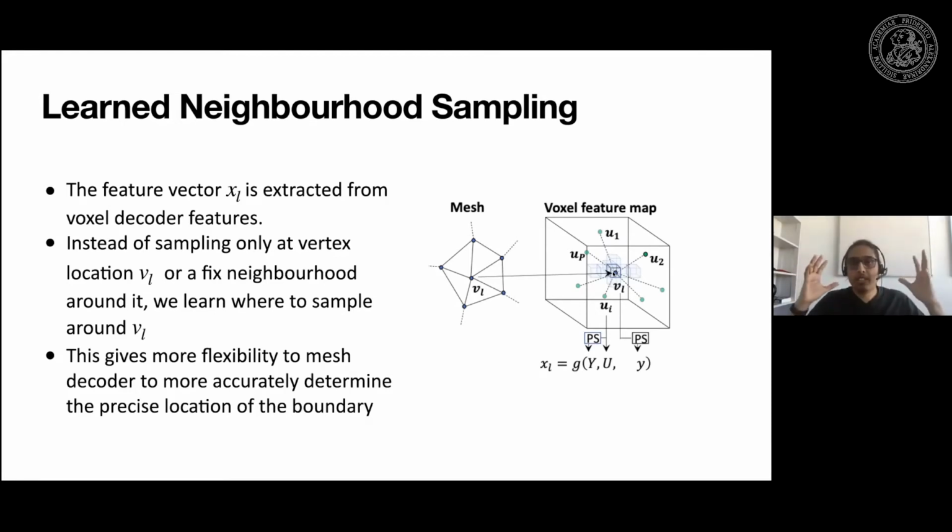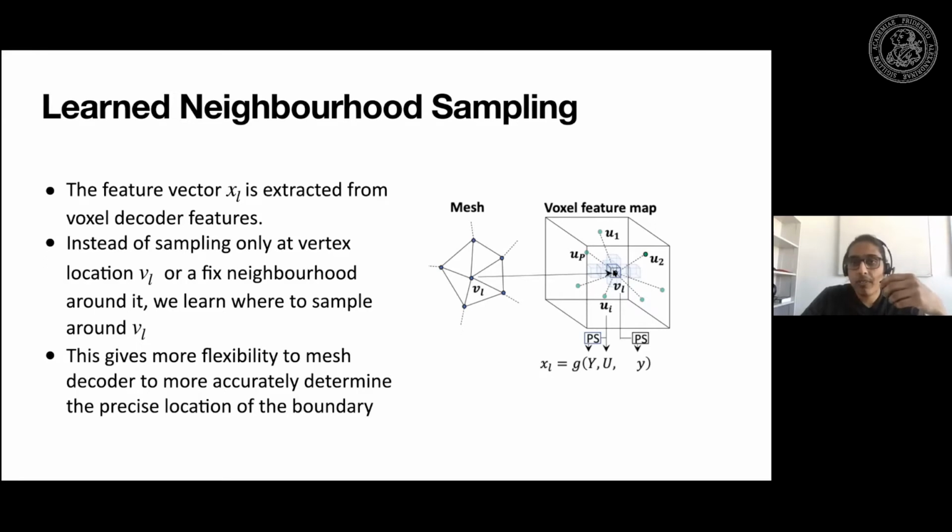It's on a discrete grid. Now, how do you find a feature associated with this coordinate in a discrete grid? The technique that we use is 3D bicubic interpolation.